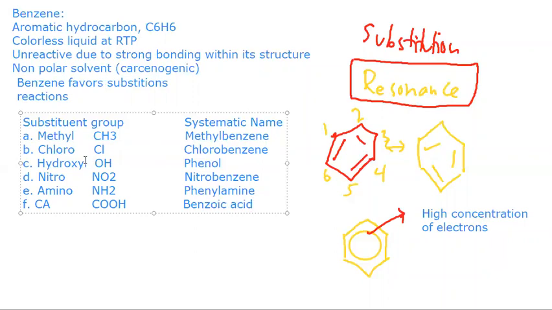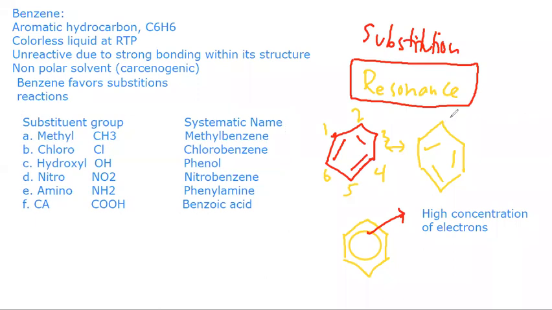All right. So again, let me repeat one more time. Benzene is an aromatic hydrocarbon, a colorless liquid, unreactive, non-polar, and favors substitution, and these are the substituent groups and the systematic names. The other thing you need to remember is the bond length.